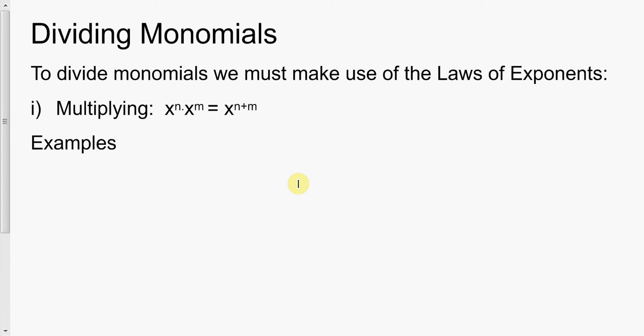When we're multiplying monomials, if they have the same variable, the same base, where here x is said to be the base, and that's x there as well, and then m and n are called exponents.